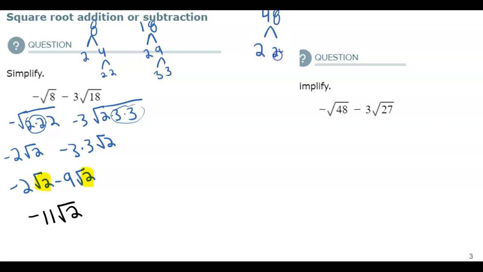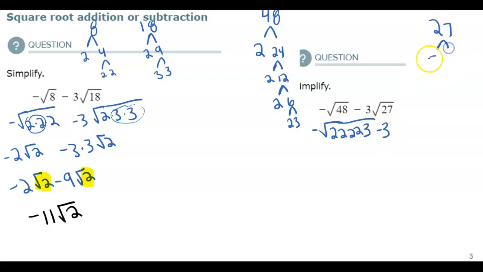2 and 24, 2 and 12. I did 27, 3 and 9. I'm grouping things by 2.